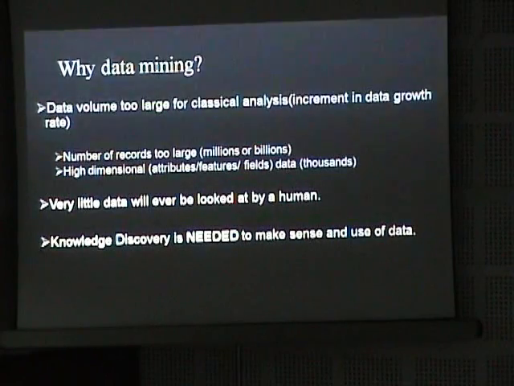You cannot imagine the amount of data the database resides. Second, high dimensional, that is attributes, fields in the database. Next, very little data will be looked at by the human. Only the desired part of data is looked at by them, and the rest of the part of data they consider as debris. They don't even consider that part.